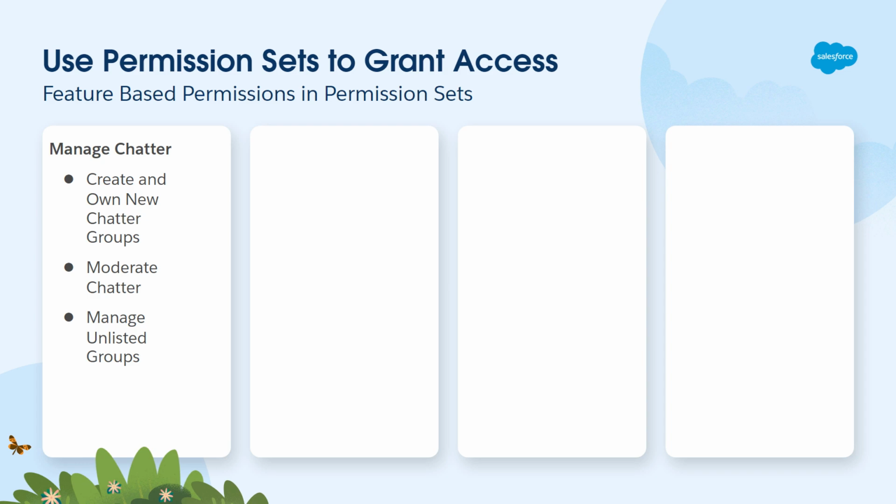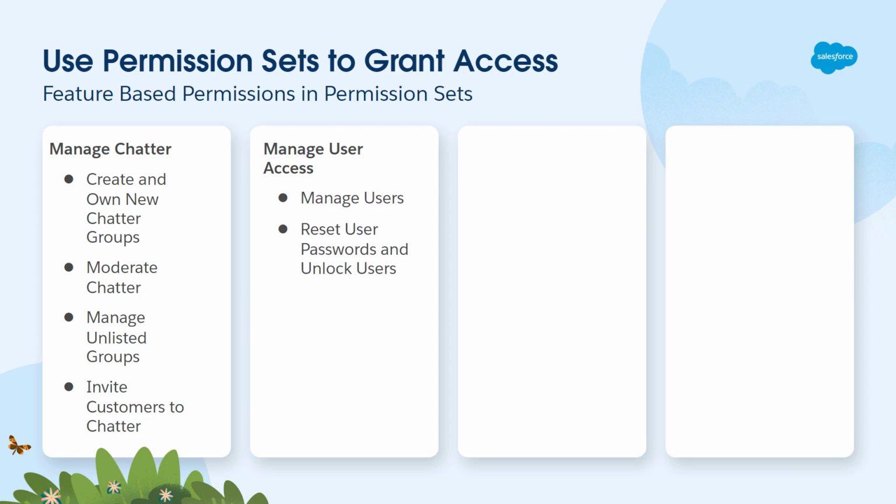It includes the ability to manage unlisted groups and to invite customers to Chatter. So essentially, this is for a Chatter moderator. What about manage user access? So manage users, reset users' passwords and unlock users. That's another permission. Assign permission sets.